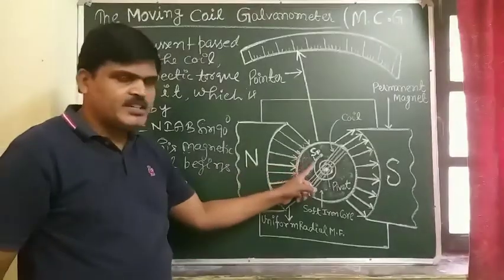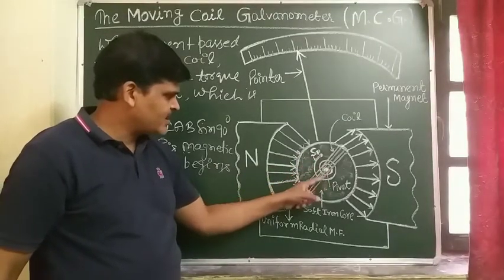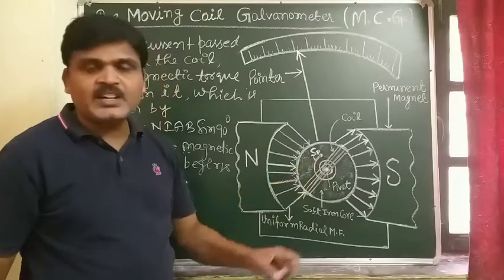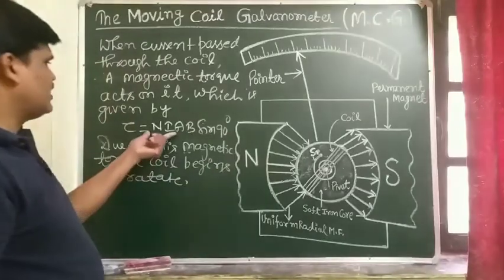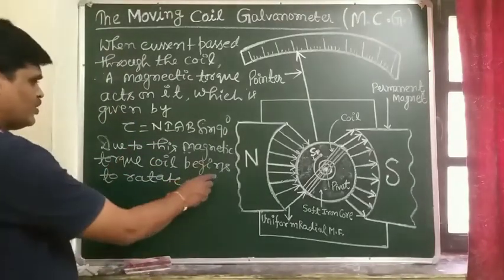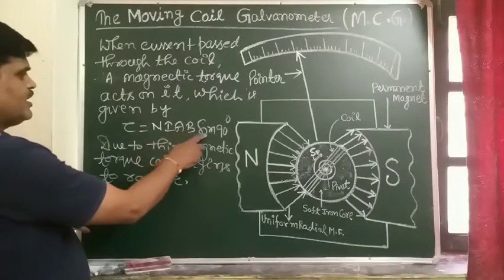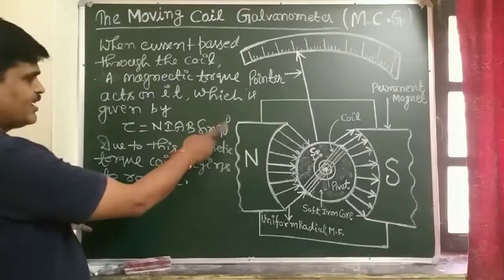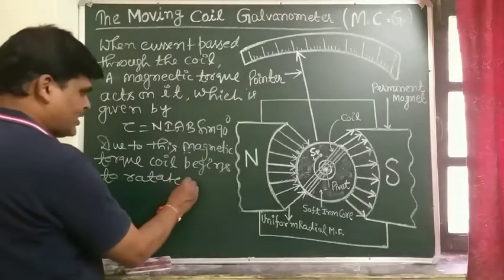A spring, see here, SP. This is the spring. This spring SP provides a counter torque that balances the magnetic torque. So the magnetic torque is tau equals NIAB, because sin 90 is 1.